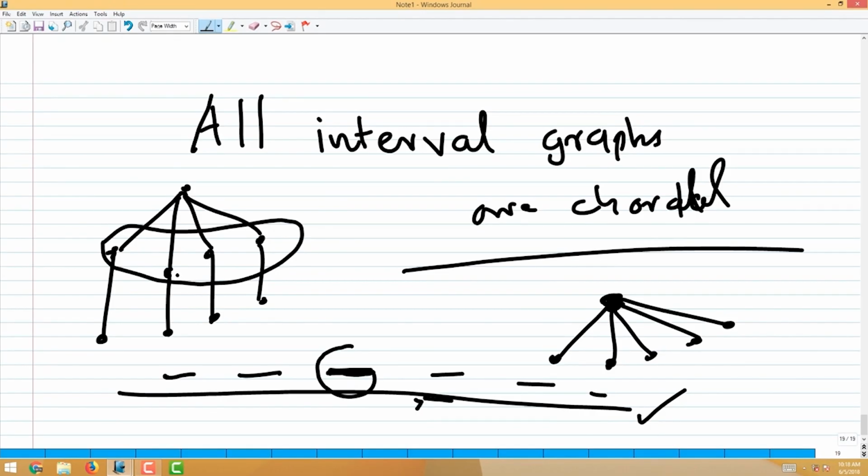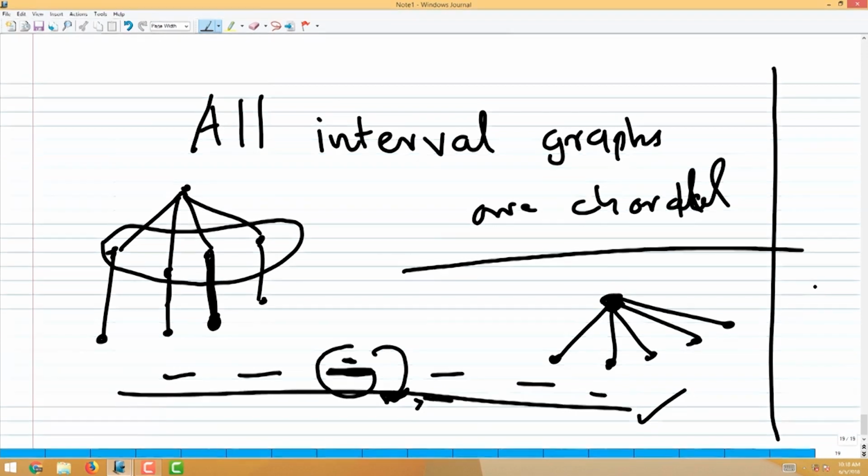And then the other vertex has to be adjacent to this, so I have to put something here, but then it will also be intersecting with this. So there are trees which are not interval graphs. Therefore, all chordal graphs cannot be interval graphs, but all interval graphs are chordal graphs. So now, whatever is told for chordal graphs is valid for interval graphs also, but interval graphs do have more properties.